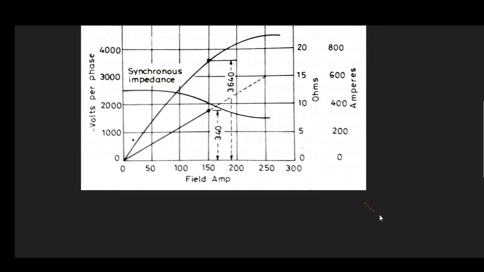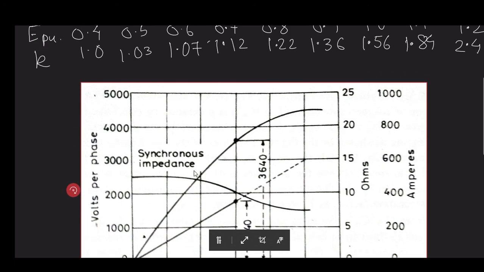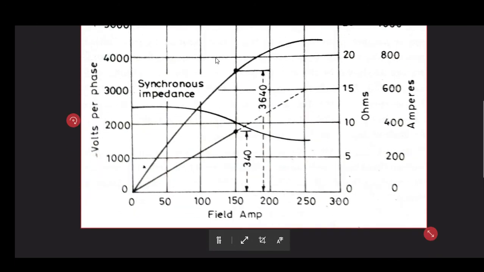You can see here, and it's quite clear, that if you consider the value of synchronous impedance, first in the linear region, it remains almost constant, as long as your open circuit voltage and current are following almost linear characteristics.